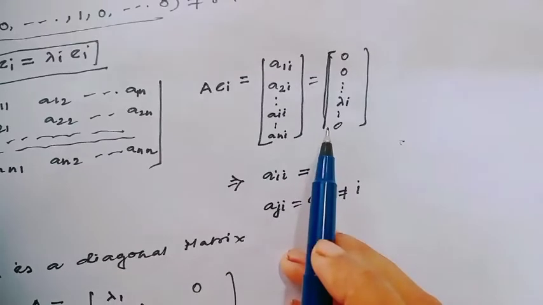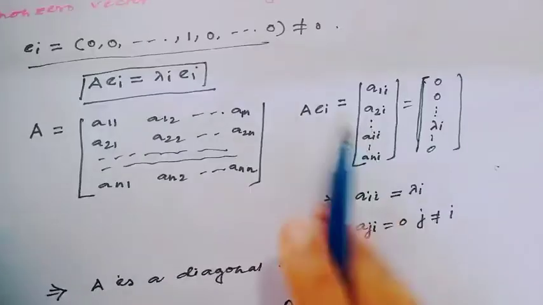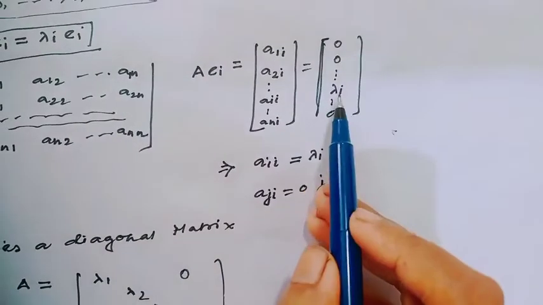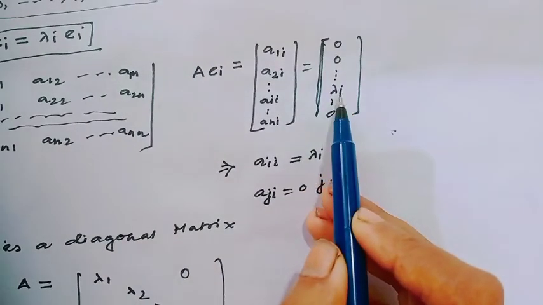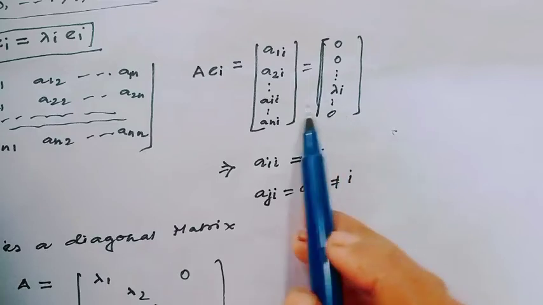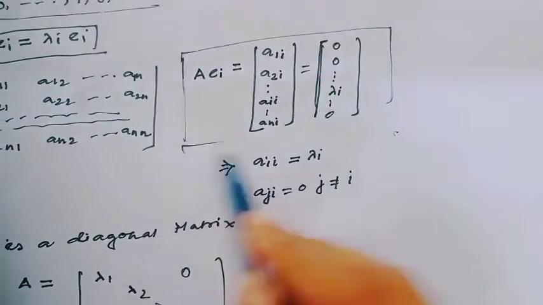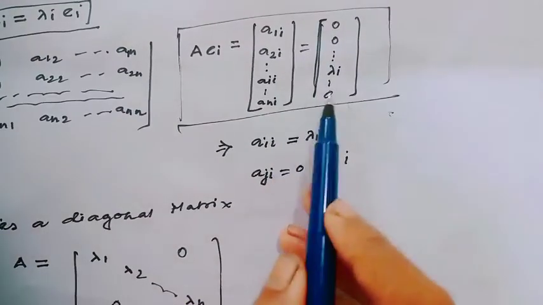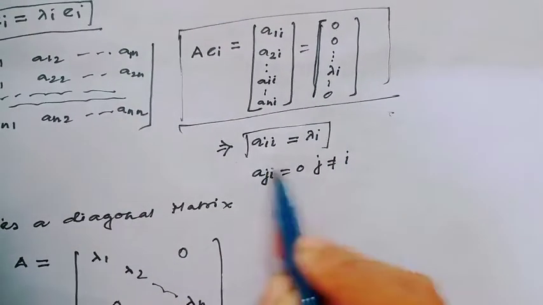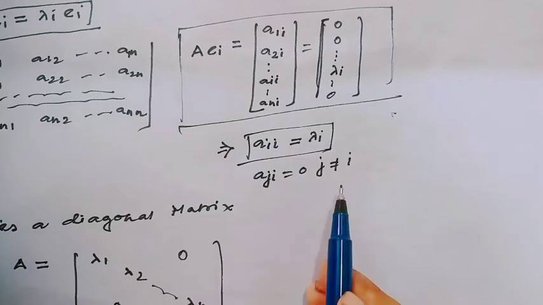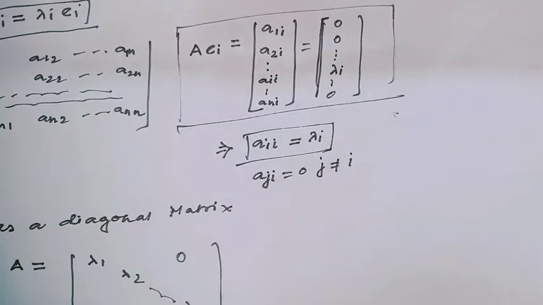And lambda_i e_i means here in the ith position is lambda_i and otherwise it would be 0. And that implies, from this expression, we can tell a_ii equals lambda_i and a_ji equals 0 where j is not equal to i.